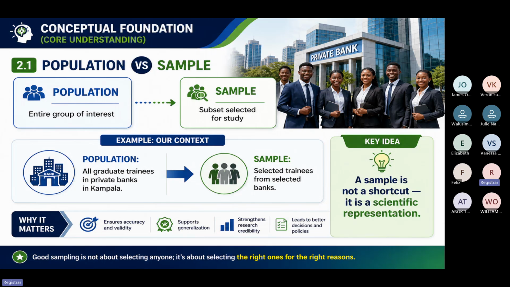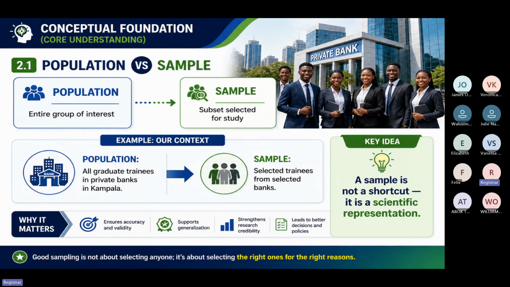Now understand, population is the entire group of your interest. So here the population is all the private sector banks in Uganda, and the unit of study is the graduate trainee who has been recruited by the bank. So what I say, the sample here, we have to select a subset.